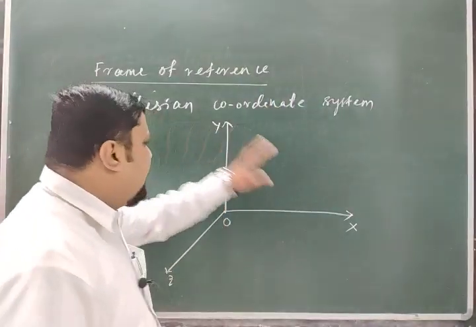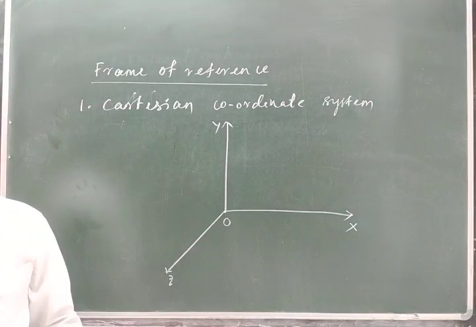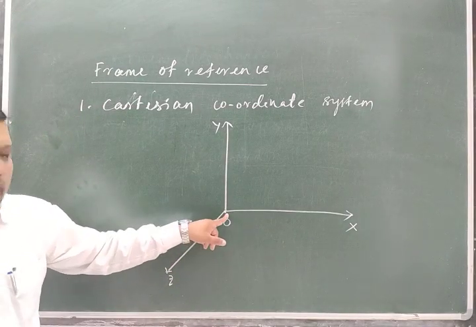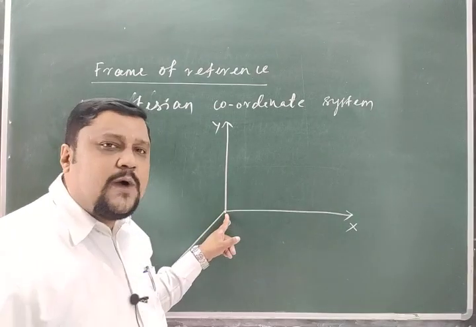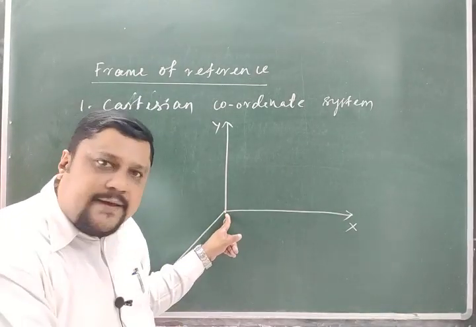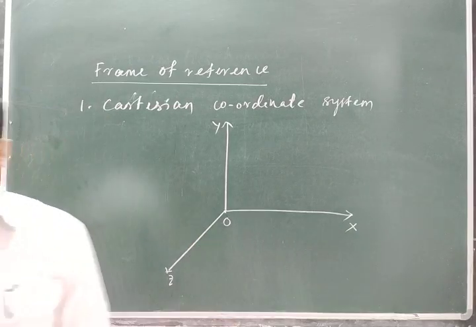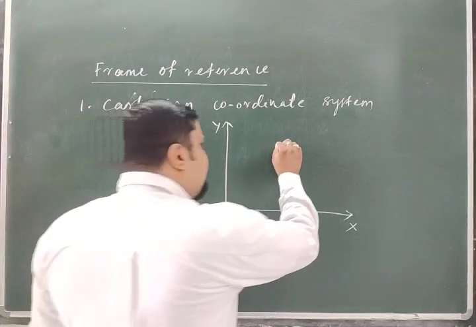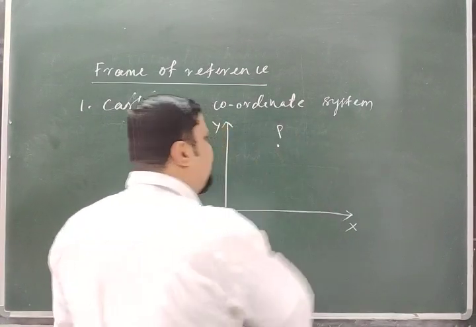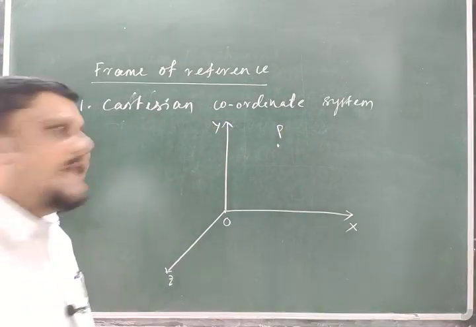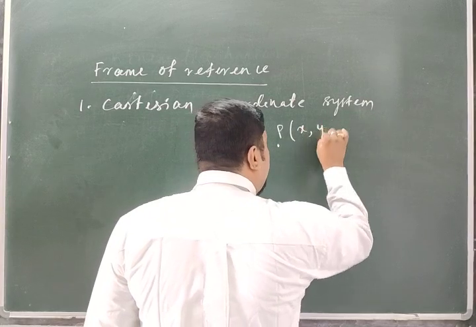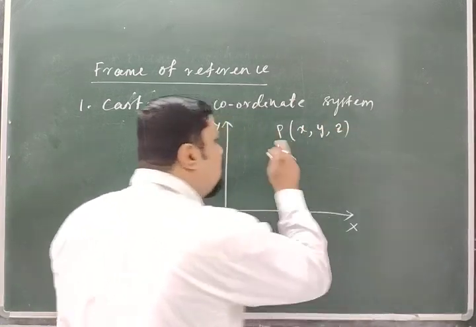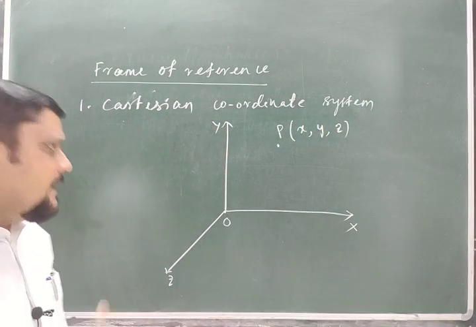So there are three axes, and the observer, the fixed point where you are, think that you are here at the origin of the coordinate system. If we look at the position of the point P, then generally we give that in a coordinate system as x, y, z. What does it mean?